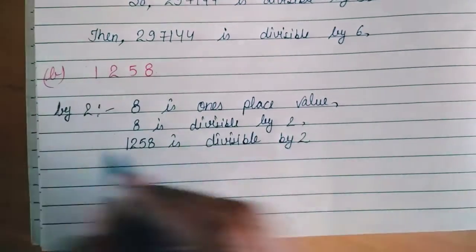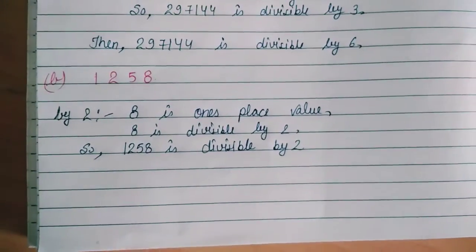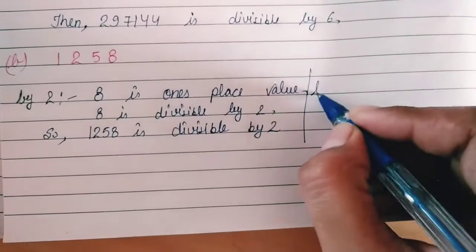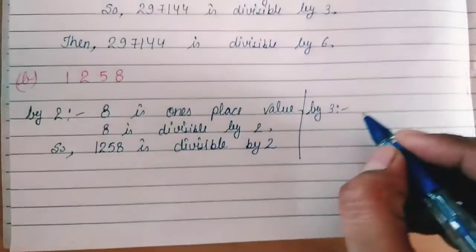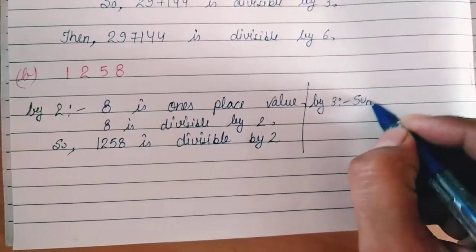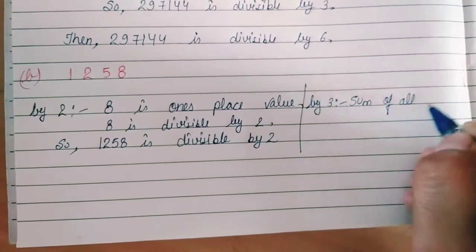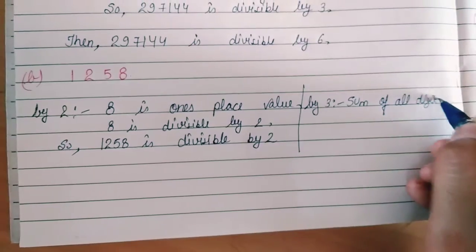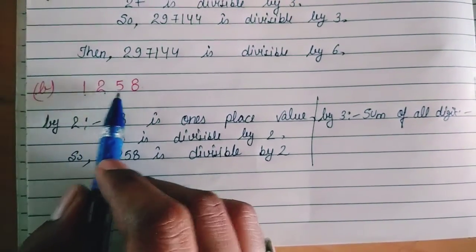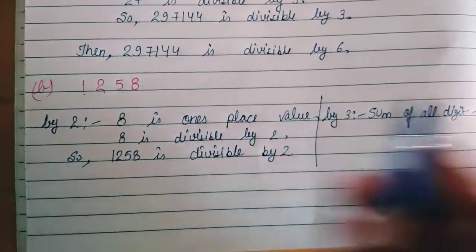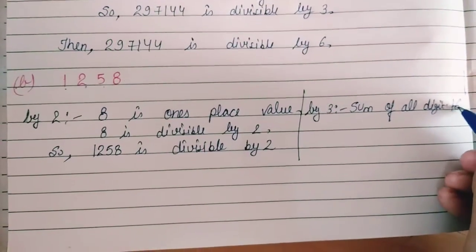Then here we will check the divisibility of 3. For divisibility of 3, we have to find the sum of all digits. 1 plus 2 is 3, 3 plus 5 is 8, 8 plus 8 is 16.